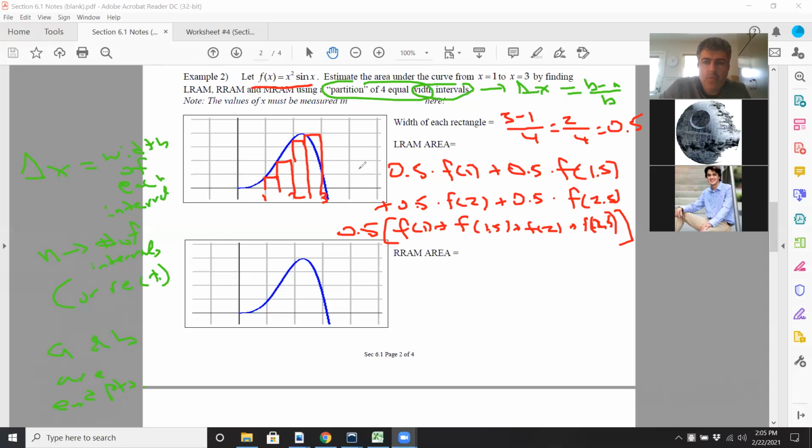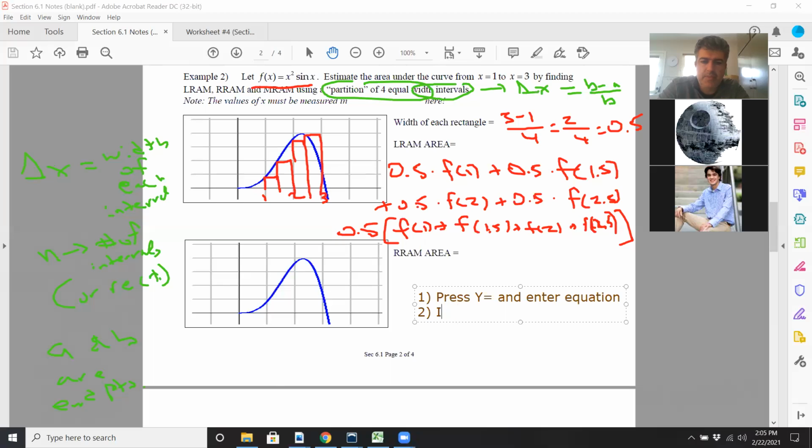Okay, so if you were to plug all this in, what you could do in the calculator just to be effective with your work is this. Go to y equals. Press y equals and enter the equation.